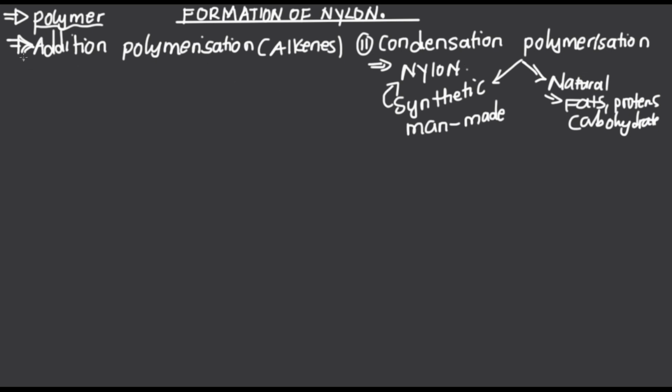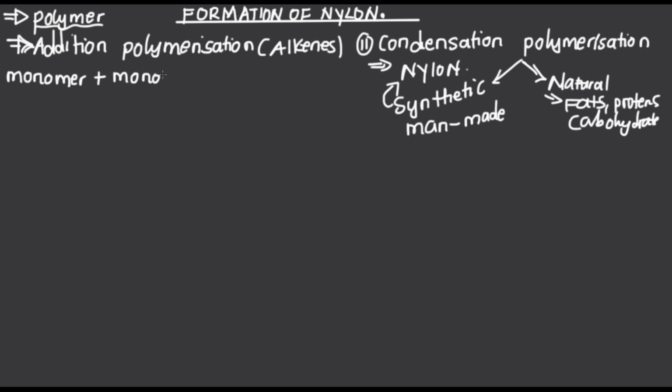Now, we also have to look at the general equation that can represent condensation polymerization. Let's say we have a monomer plus another monomer.